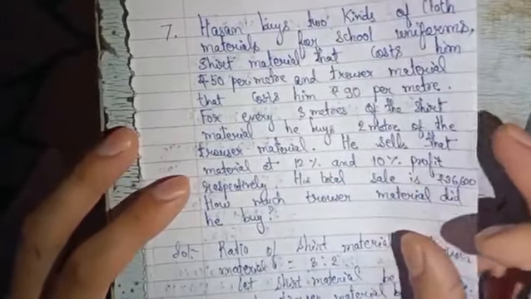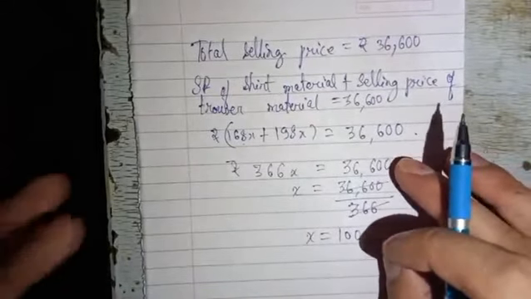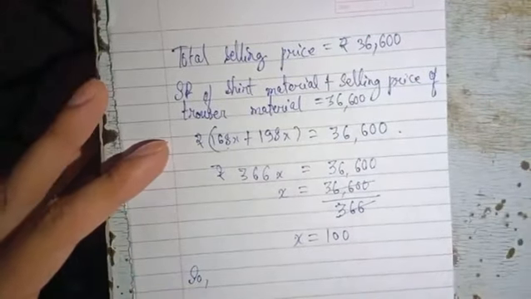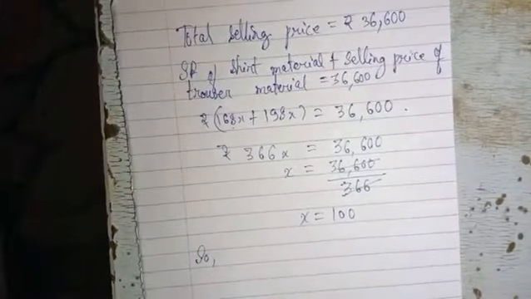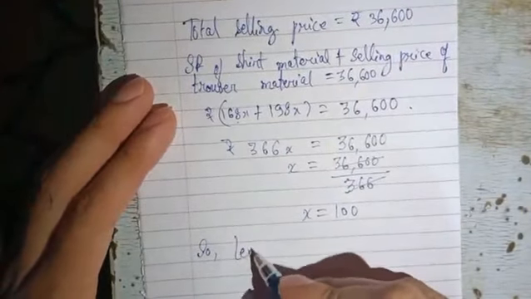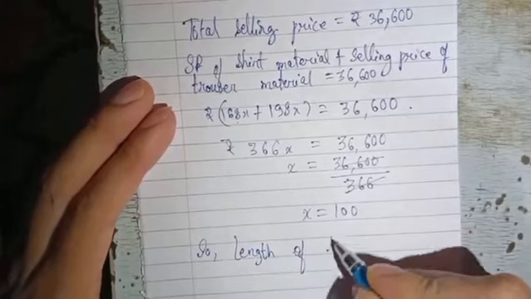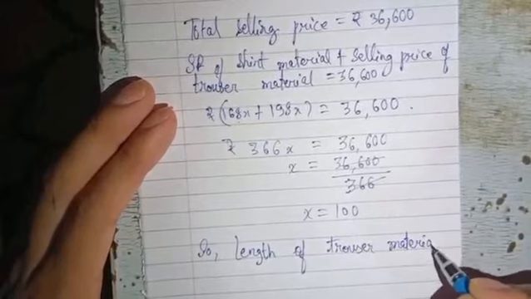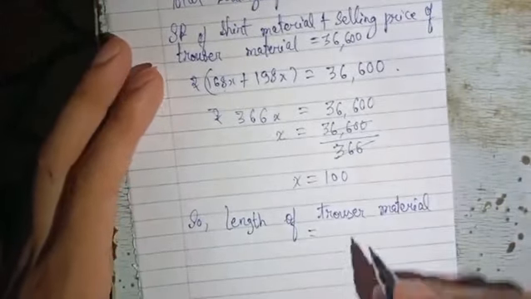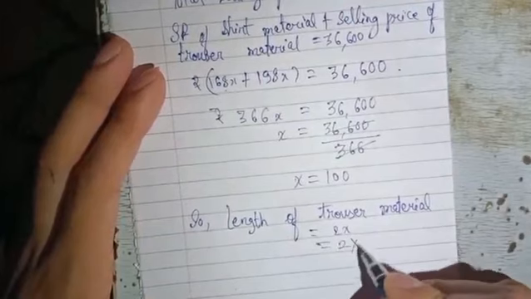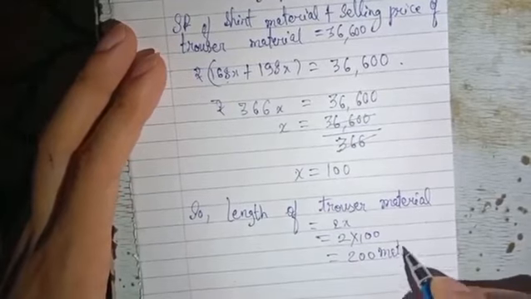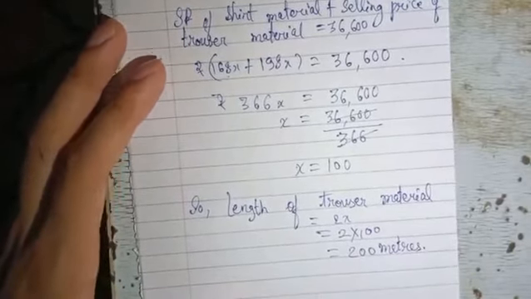So length of trouser material is equal to 2x. So 2 multiplied with 100, that is 200 meters, and that is the required answer.